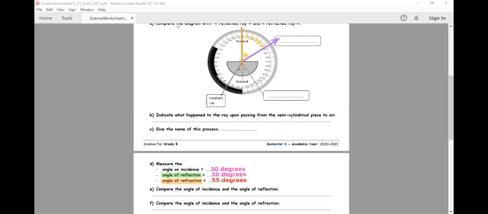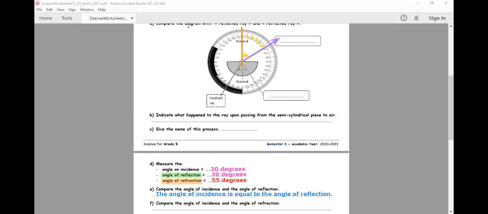Bravo. So نقول the angle of incidence is equal to the angle of reflection. They are both equal to 30 degrees.